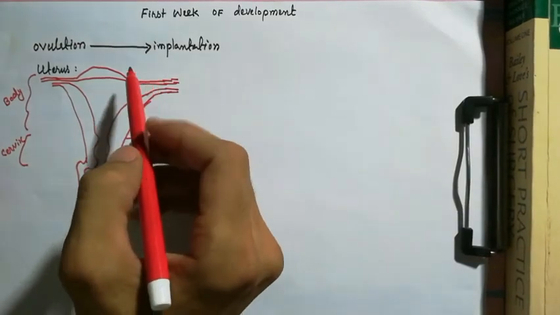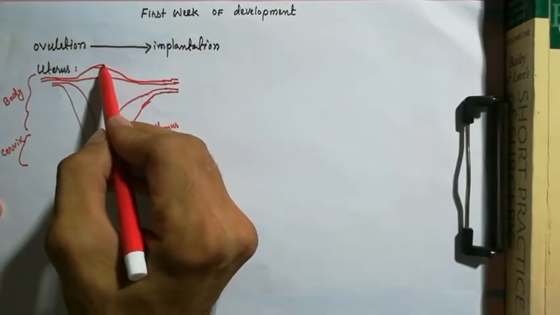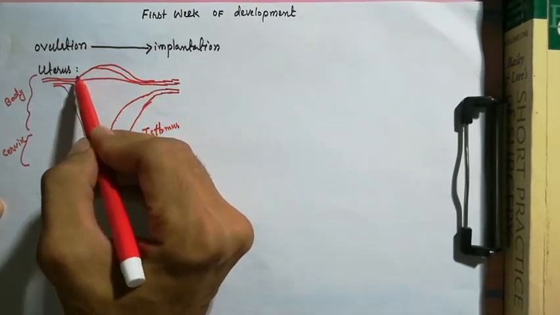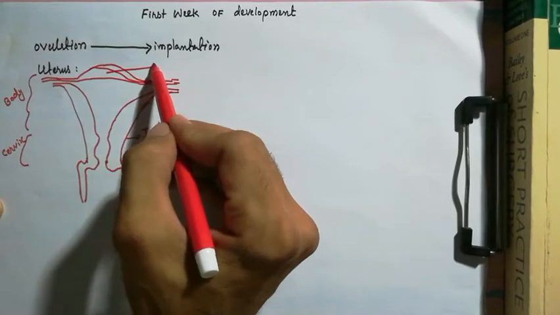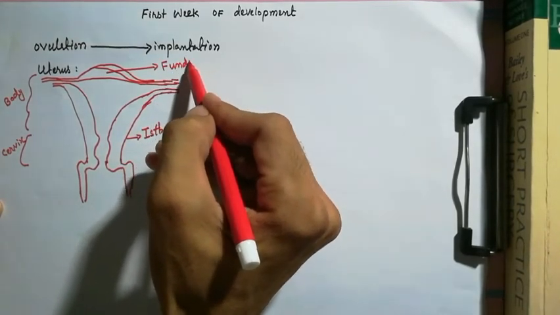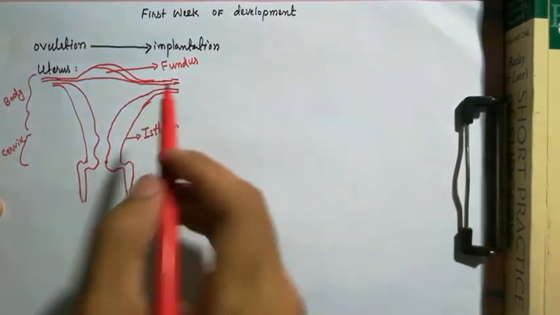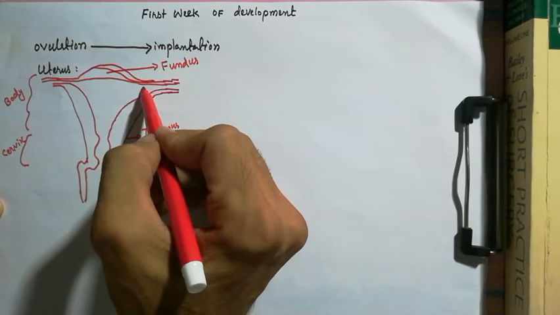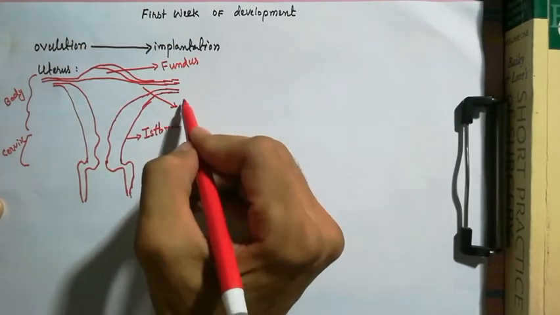The upper rounded part of the body, this upper rounded part of body is called fundus. This part of uterus is called horn of uterus.